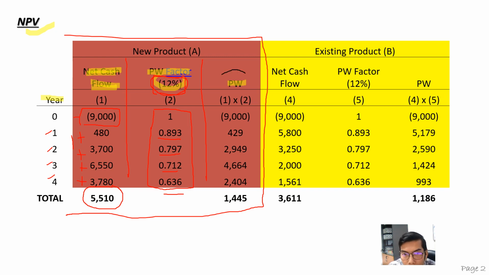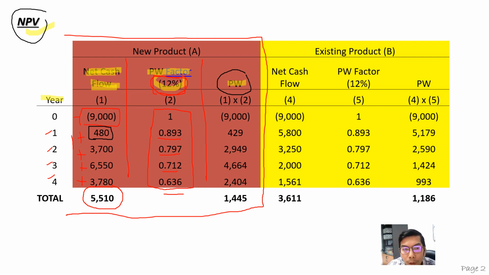Remember, for present worth and NPV, we are going to convert future value to present value. We want to know the present value of the future value of 480 in the first year. What is the value of 480 today?